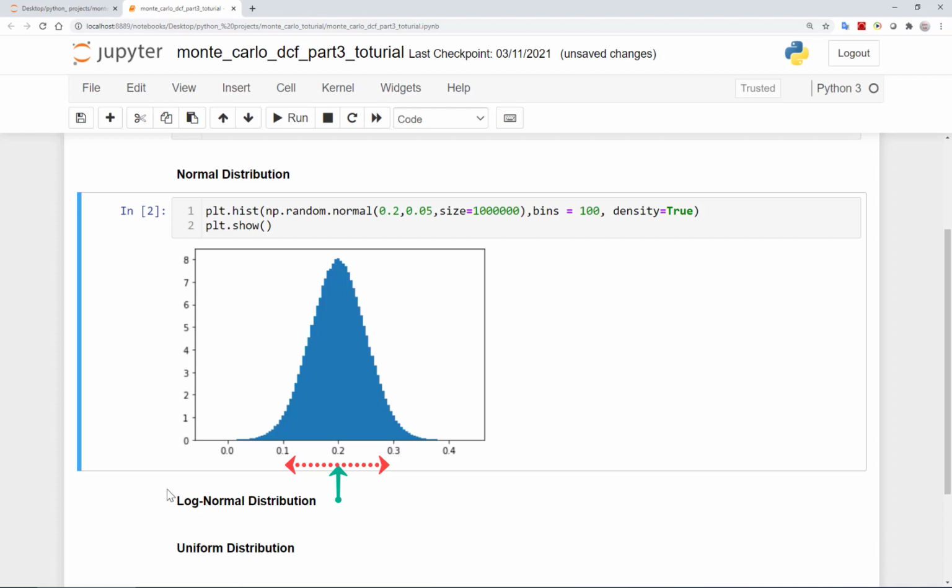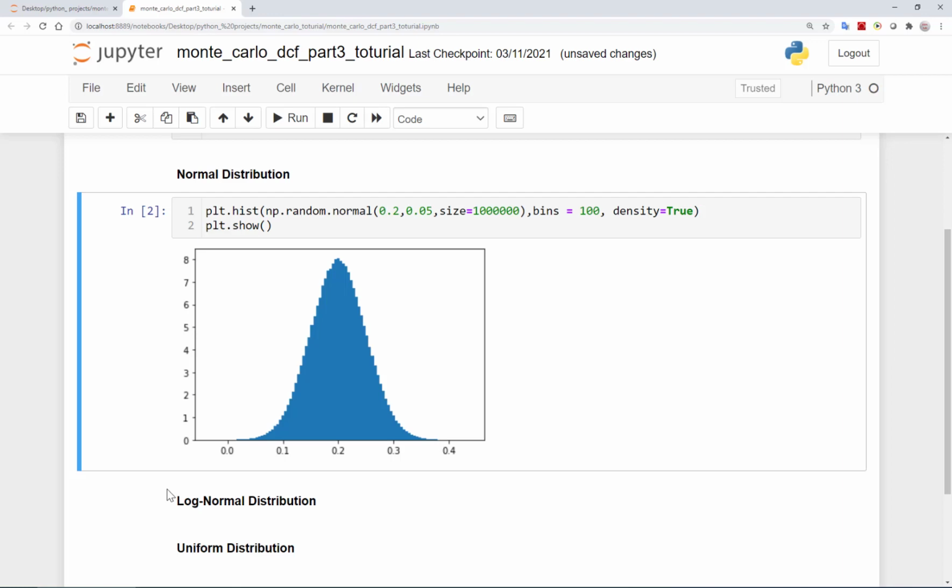And as we go further from the most likely outcome, which is 20%, the probability of realizing those growth rates would fall sharply. In that case, you can model the growth rate as a normally distributed variable with a mean of 20% and a standard deviation of 5%, exactly like the one we have here.